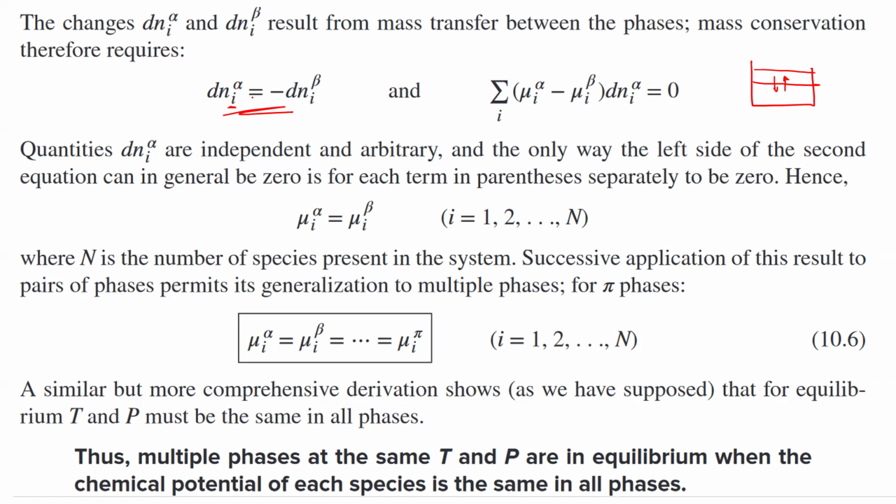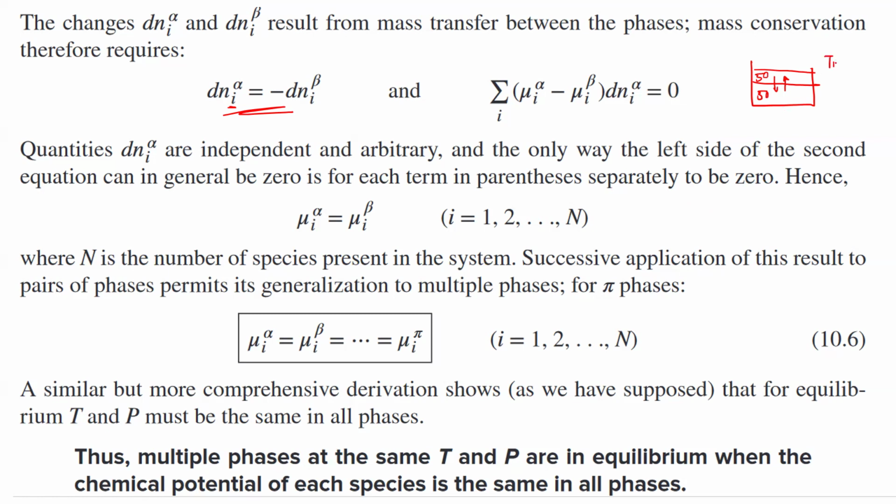It's not like the total number of moles in each phase are conserved. I'm not saying that in this phase only 50 moles are there. To attain equilibrium, they are exchanging things.